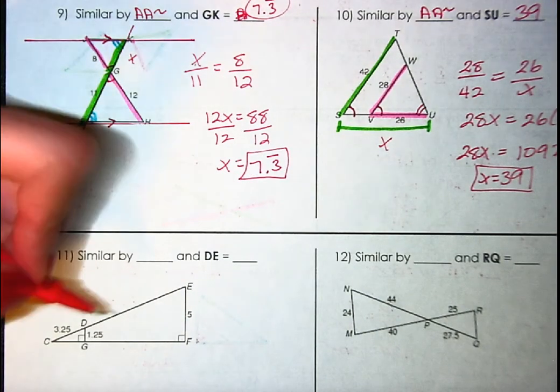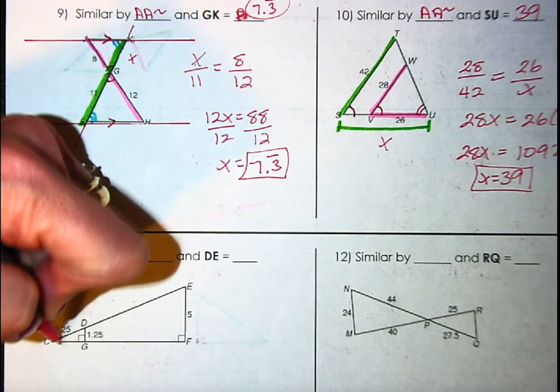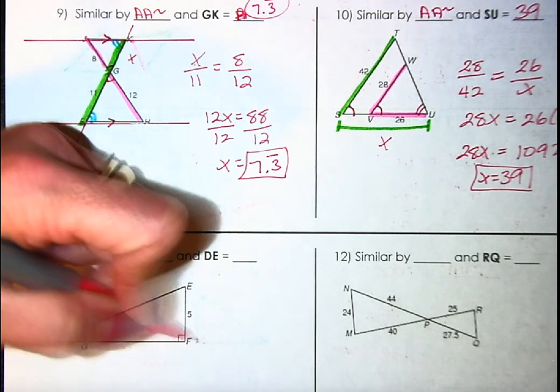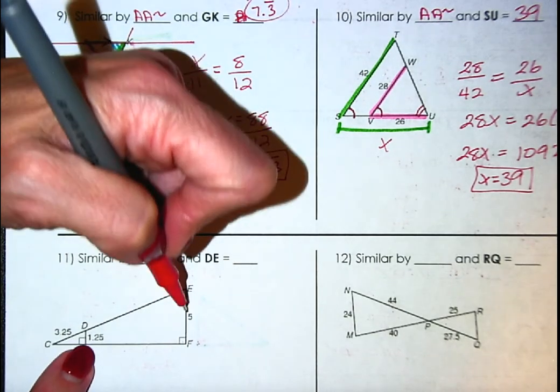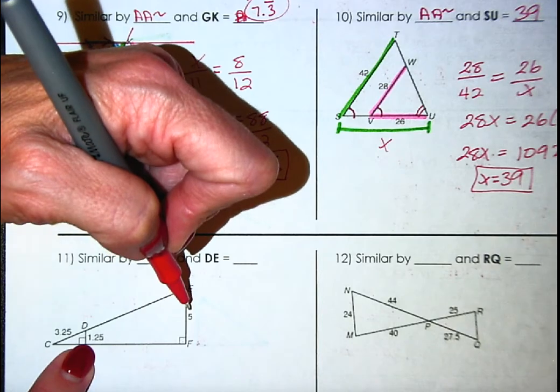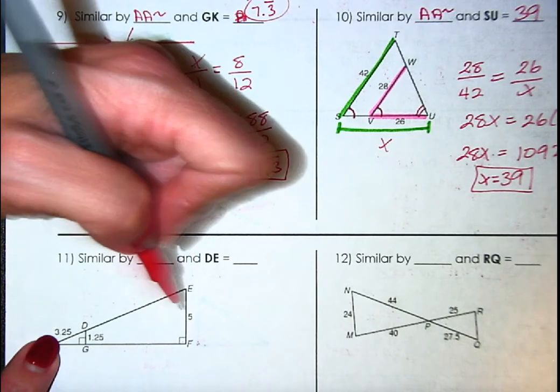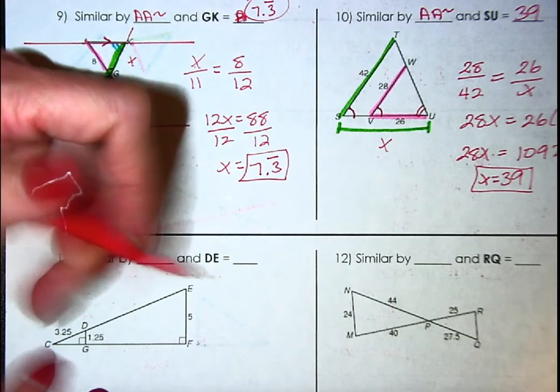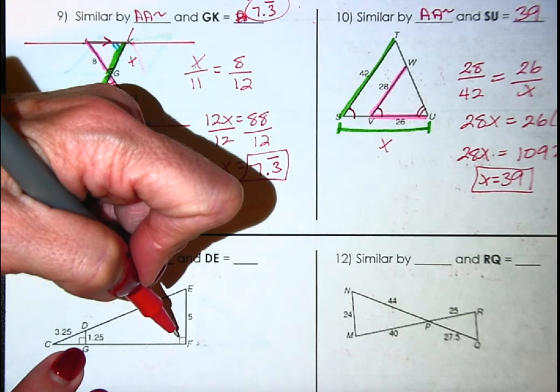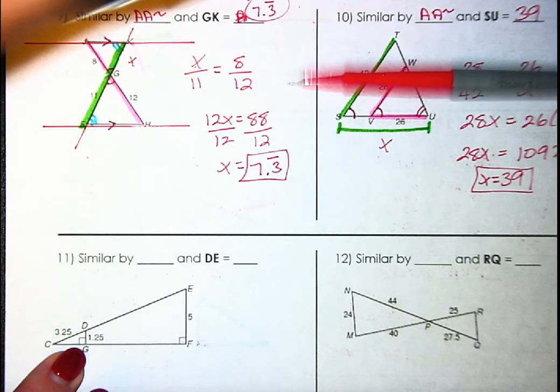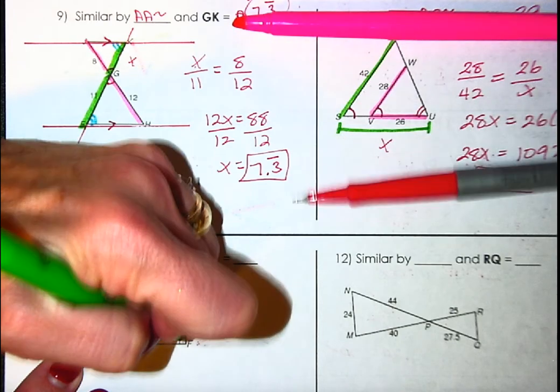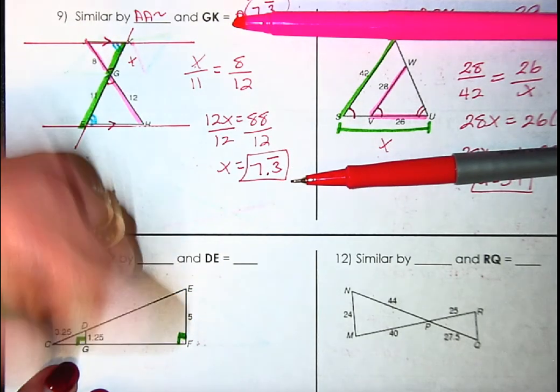Okay, so here we have a little bitty triangle and we have a much bigger triangle. And they give us one pair of corresponding sides. I don't know if they're in proportion. They gave me another measurement. They tell me they're right triangles, so I know that those are obviously congruent.